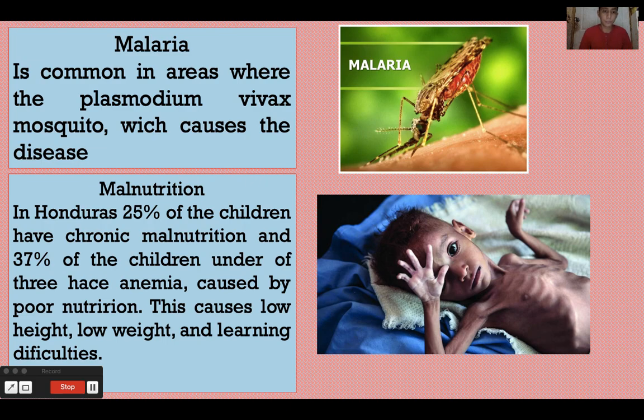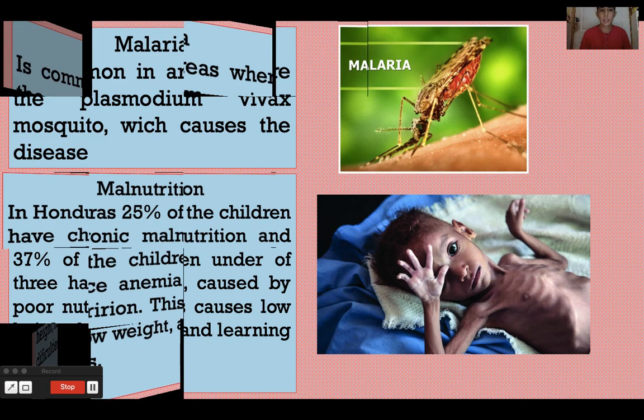Okay, so malnutrition is poor nutrition. So what you have to write in your notebook: malnutrition, copy that. Malnutrition, anemia, low height, low weight, learning difficulties. Okay, so next one.